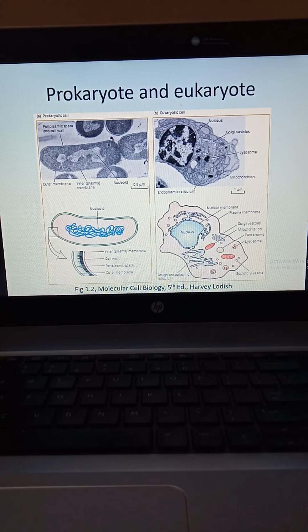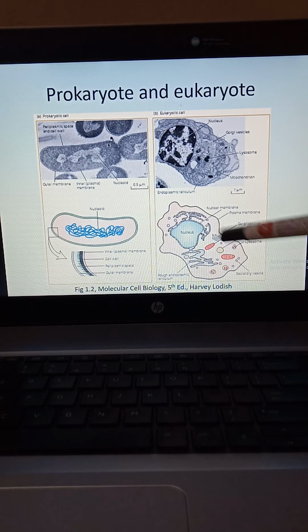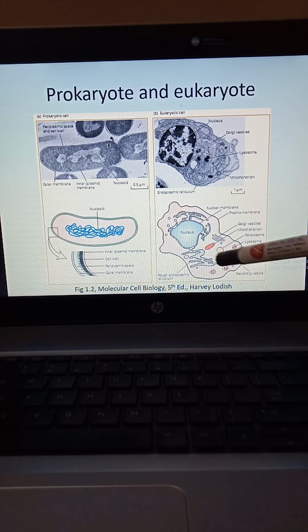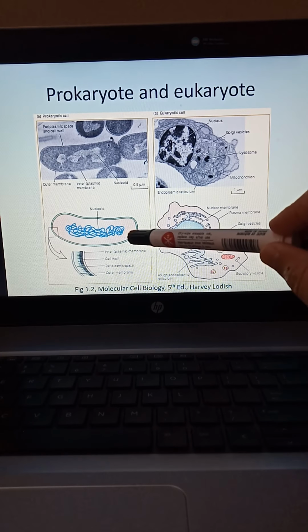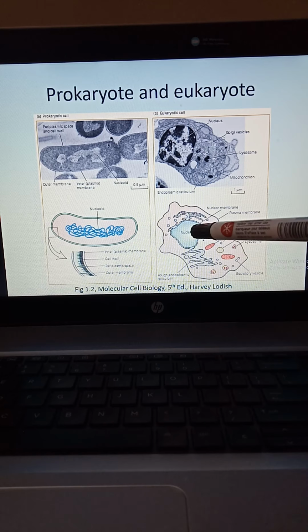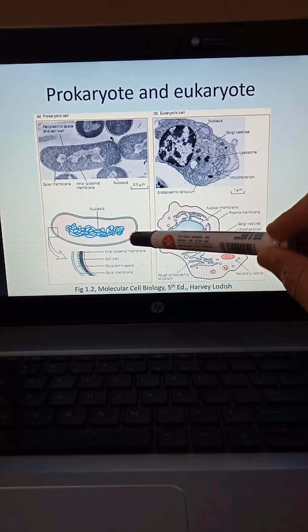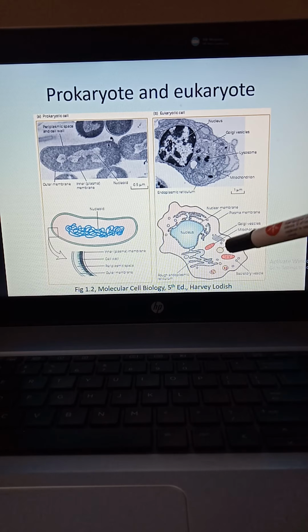But of course, as you can see very clearly here, eukaryotes also contain other things called different organelles, while prokaryotes do not contain most of those organelles. For example, the nucleus is one kind of organelle which is not present in prokaryotes.